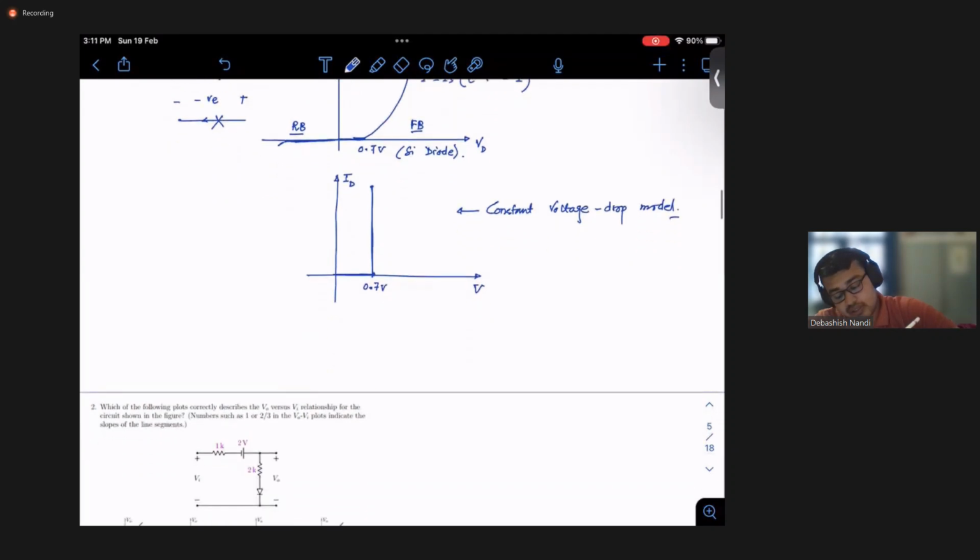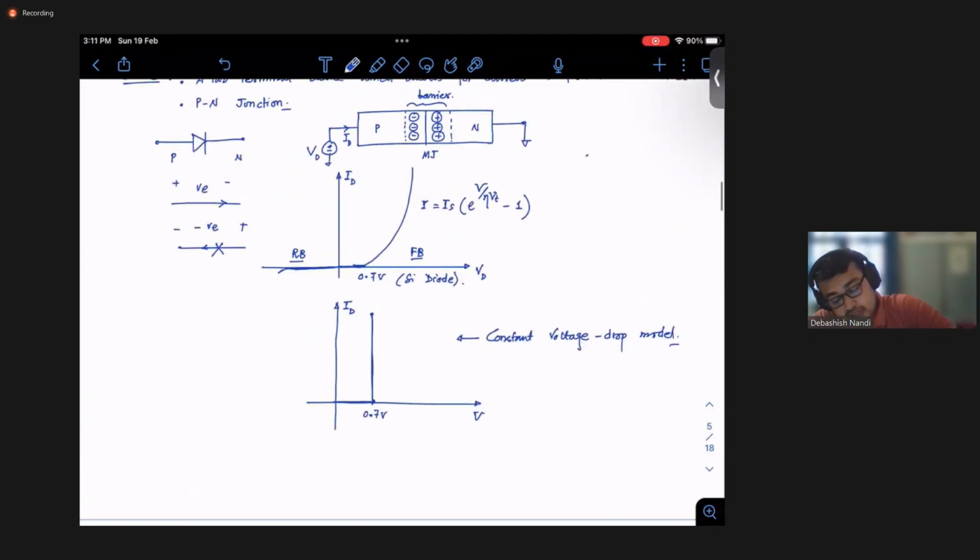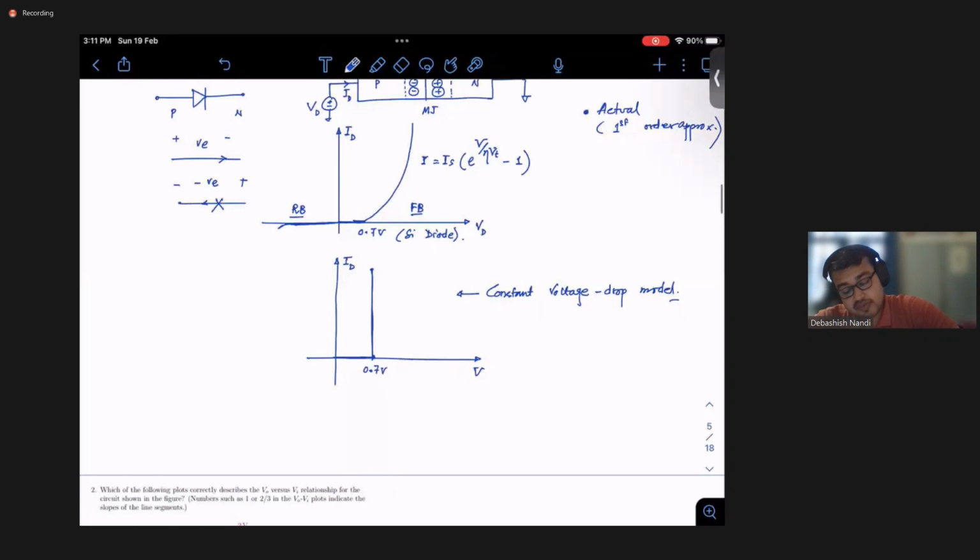And this is, you can say, actual to a first order approximation, let's say, and your circuit will be, in both cases, this.